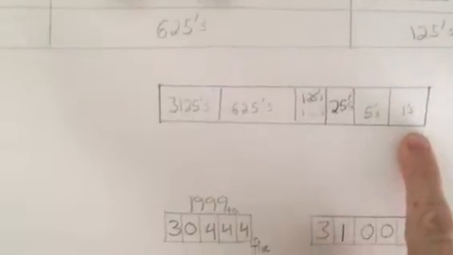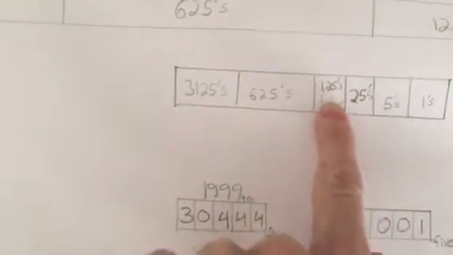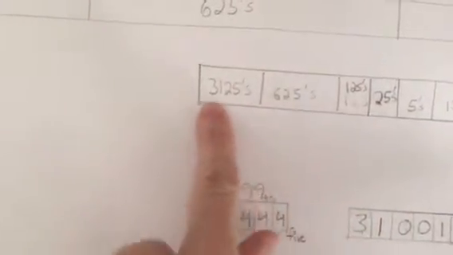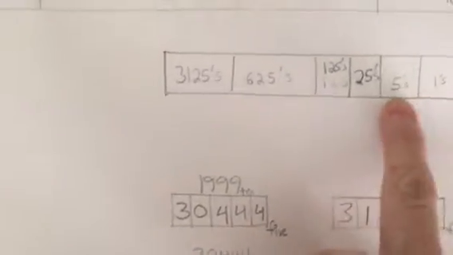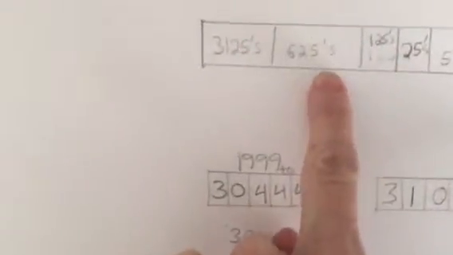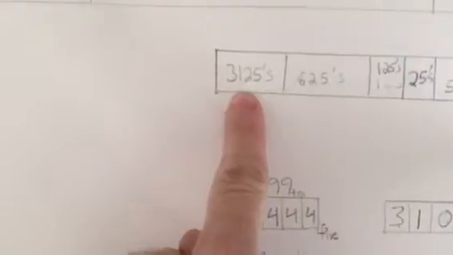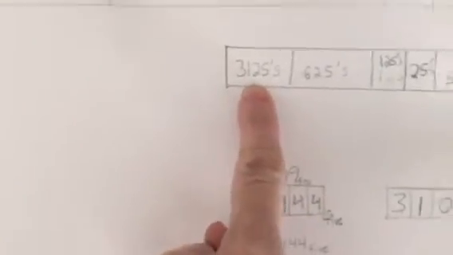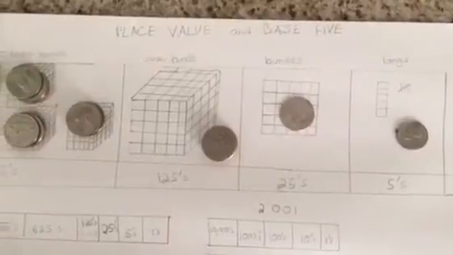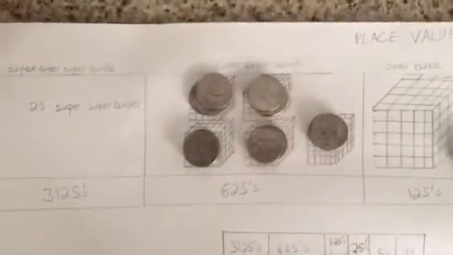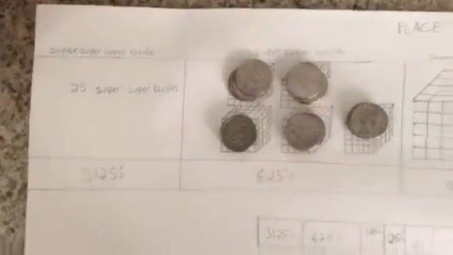So here on the base 5 system, we have ones, 5s, 25s, 125s, 625s, 3125s, also known as sticks, longs, bundles, super bundles, and as my daughter likes to call them, super duper bundles.